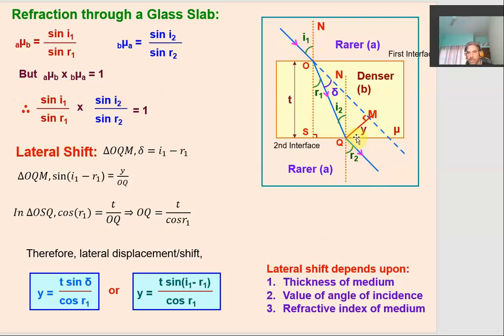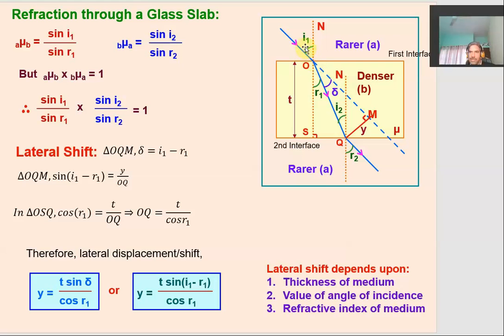Okay, so now our task is to find out this perpendicular distance, which is called the lateral shift or lateral displacement. So let us take this triangle OQM. In this triangle, we are going to find out this angle delta. From this, we know that this angle will be I1 also, because they are opposite angles.